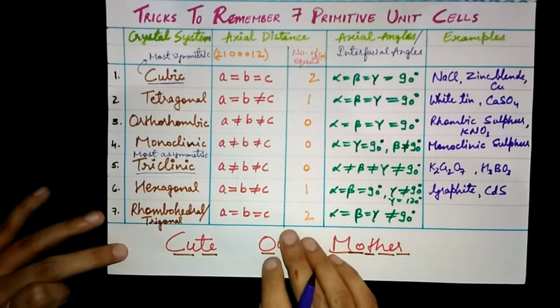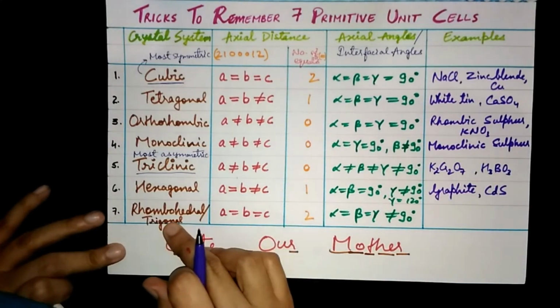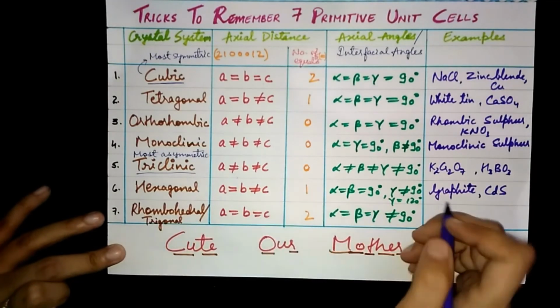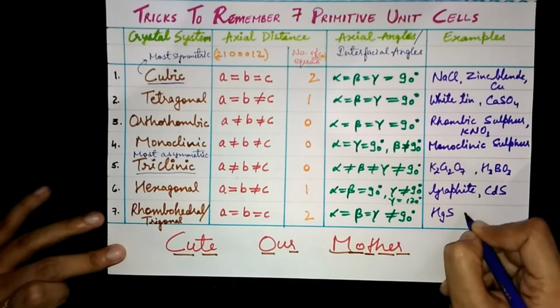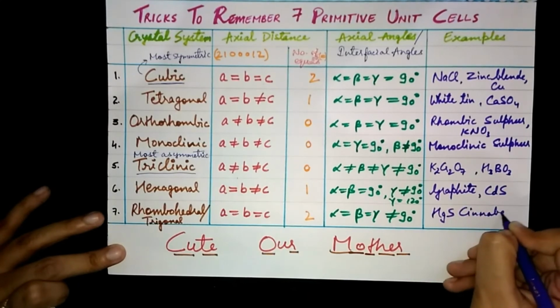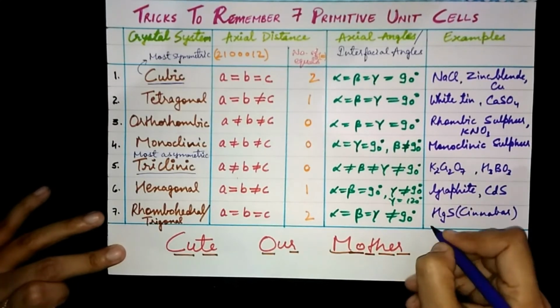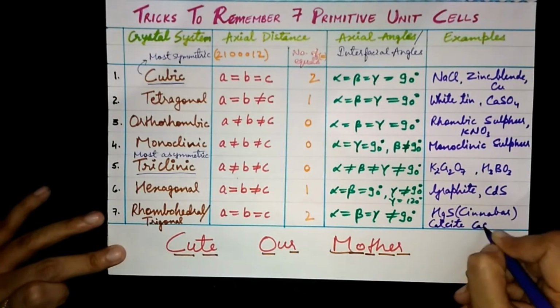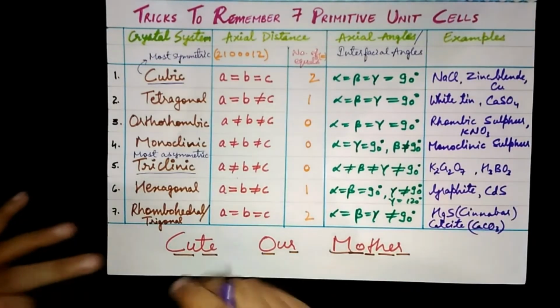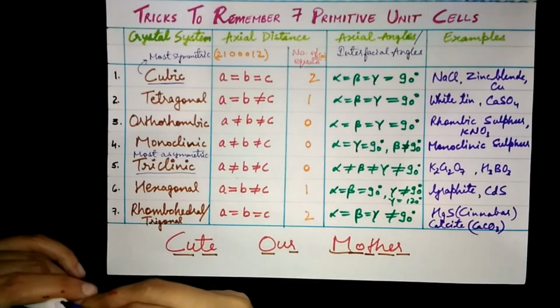Then rhombohedral or trigonal: cinnabar, that is HgS. It is called cinnabar. And also calcite, that is CaCO3. So these are the examples here.